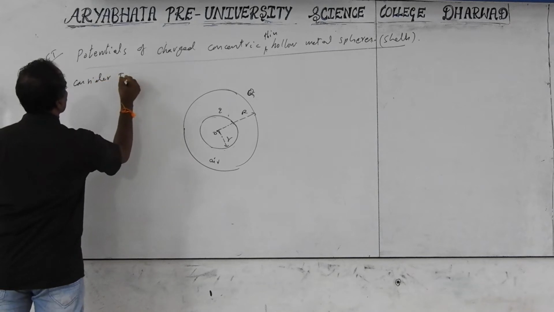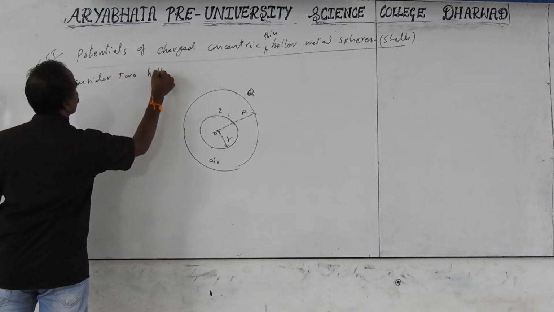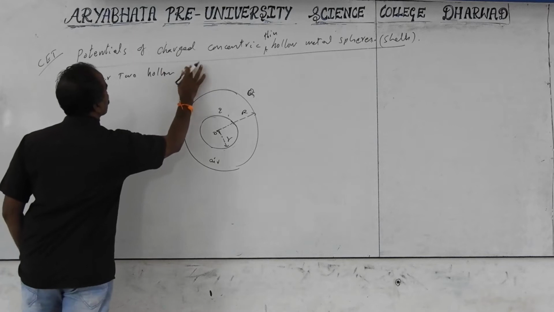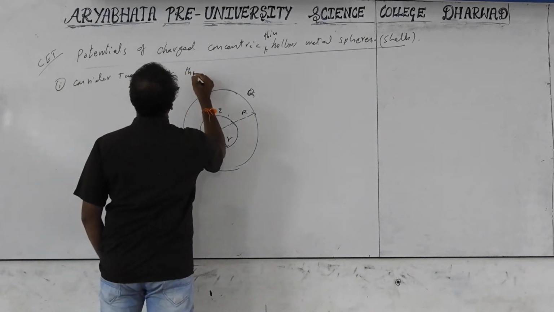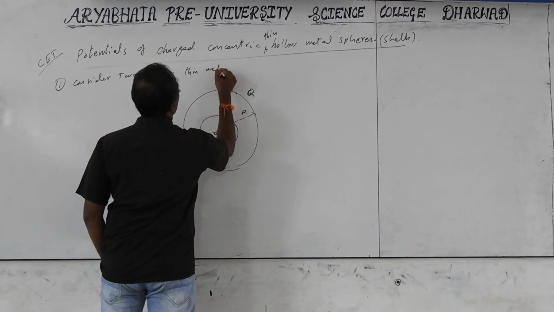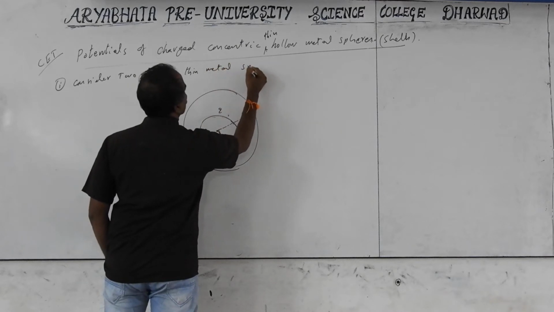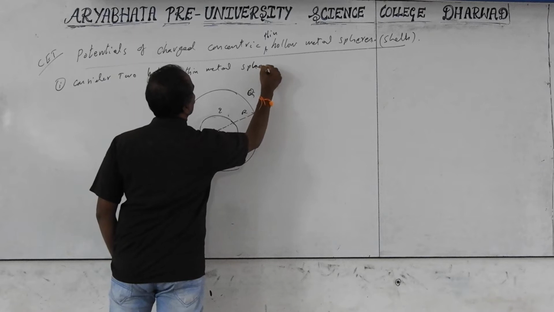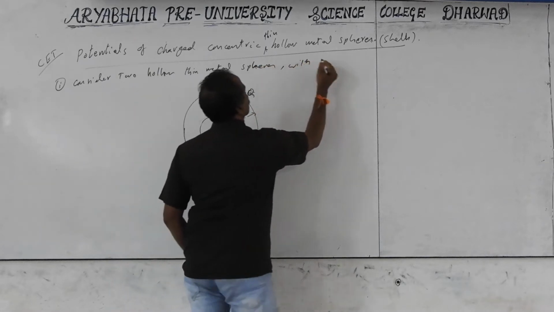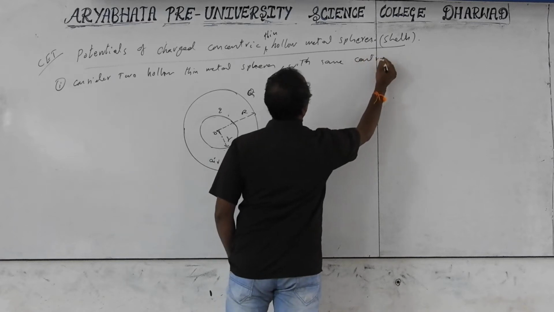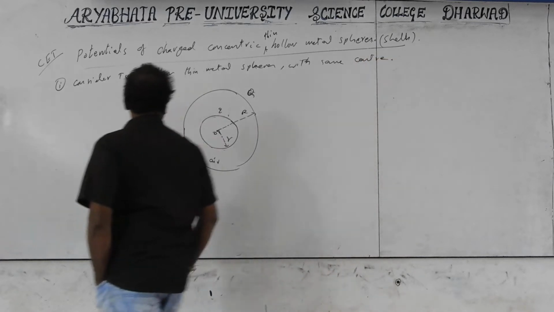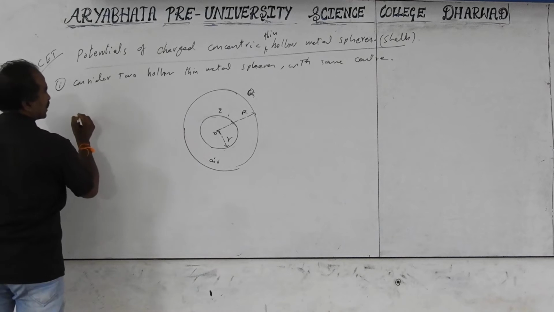Consider two metal spheres with the same center, concentric.